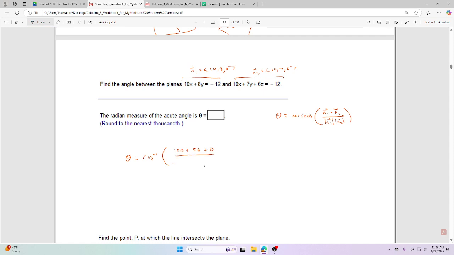In the bottom, we have our square roots. So I got a 100 plus 64. And then in the bottom here, I got a 100 plus 49 plus 36. And I'm saying just toss that in a calculator. You can even see, we're talking decimals. That's a decimals thing.